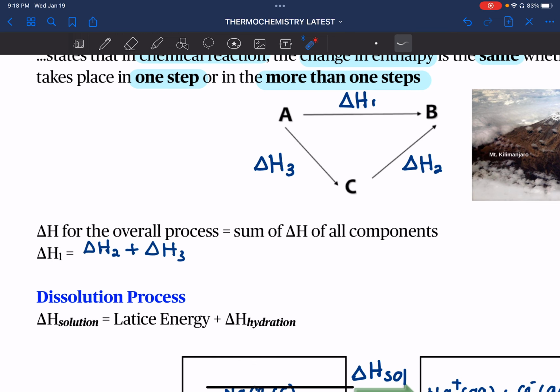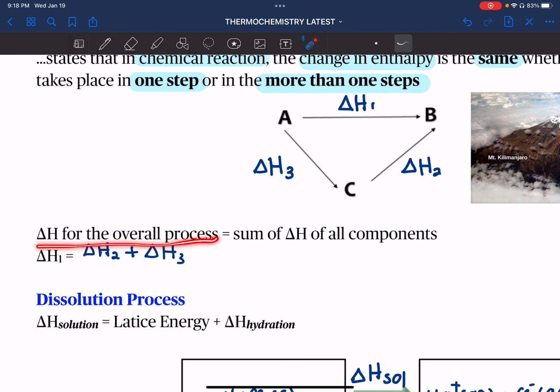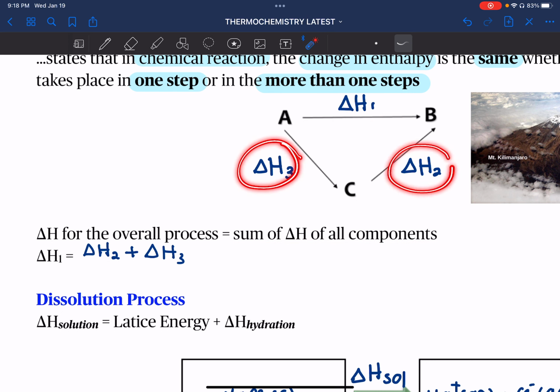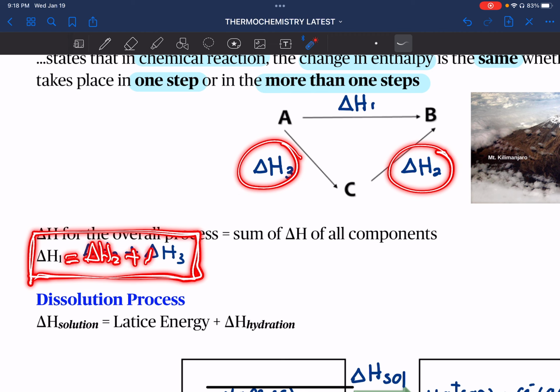So delta H for the overall process equals the sum of all the components. So this is the formula. Delta H1 equals delta H2 plus delta H3.